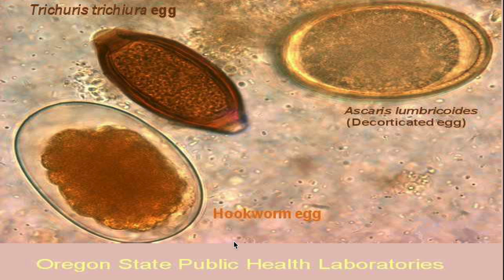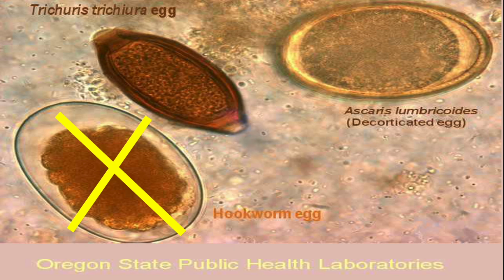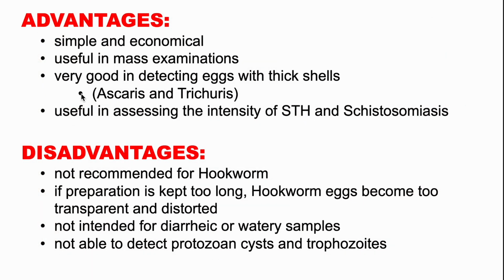Because of the thin shell, hookworm eggs usually disintegrate in the Kato-Katz technique. Another one, it's useful in assessing the intensity of soil-transmitted helminths and schistosomiasis.